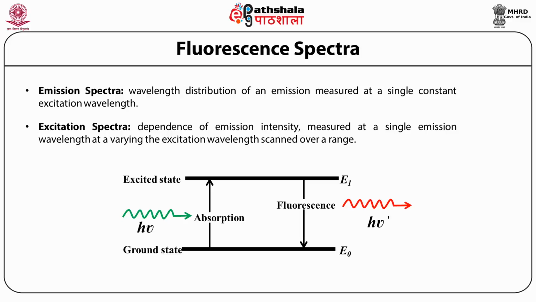Then these fluorescence spectra can be of two types. One is the excitation spectrum and another is the emission spectrum. The emission spectrum is the wavelength distribution of an emission measured at a single constant excitation wavelength.